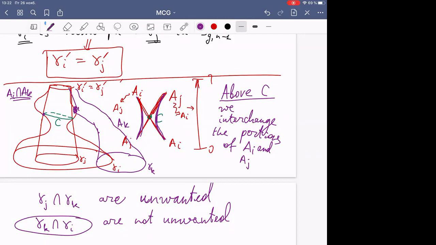But once we replace these portions of AI and AJ, these intersections become intersections with gamma J, which are not allowed, and complexity may increase very much.